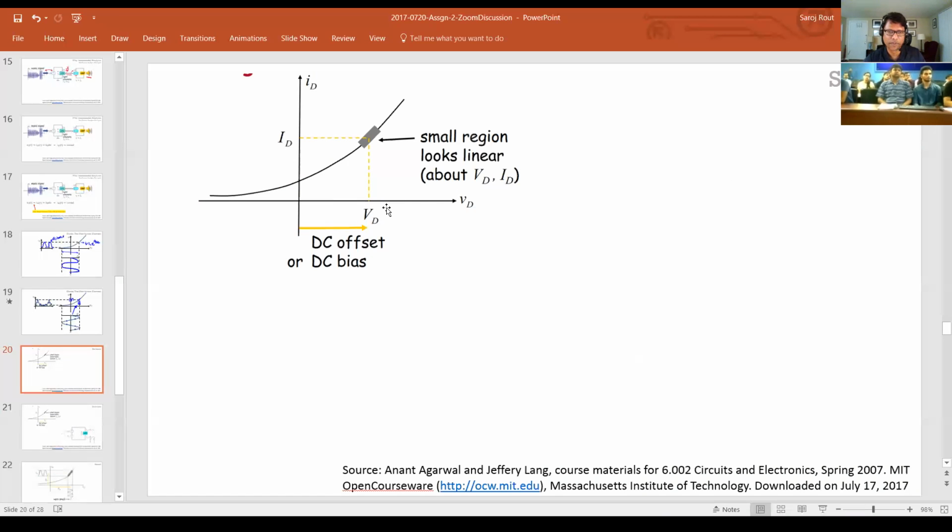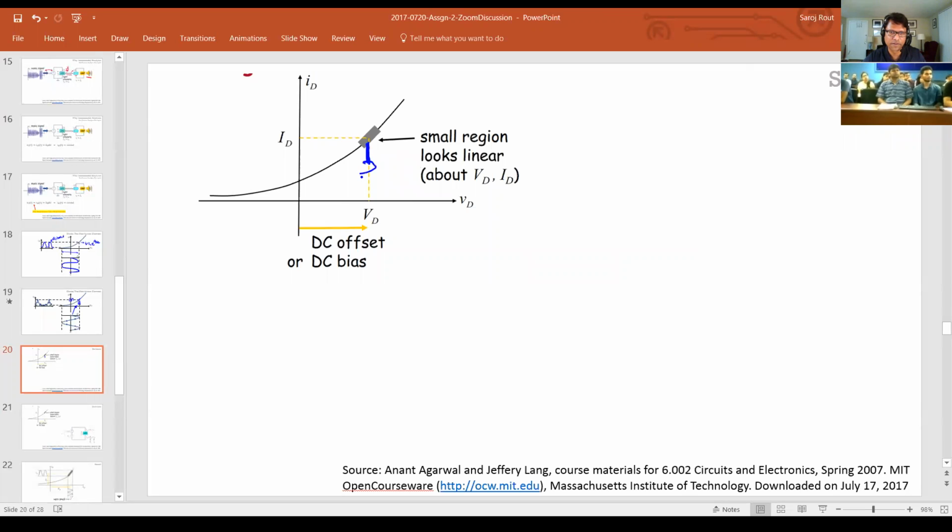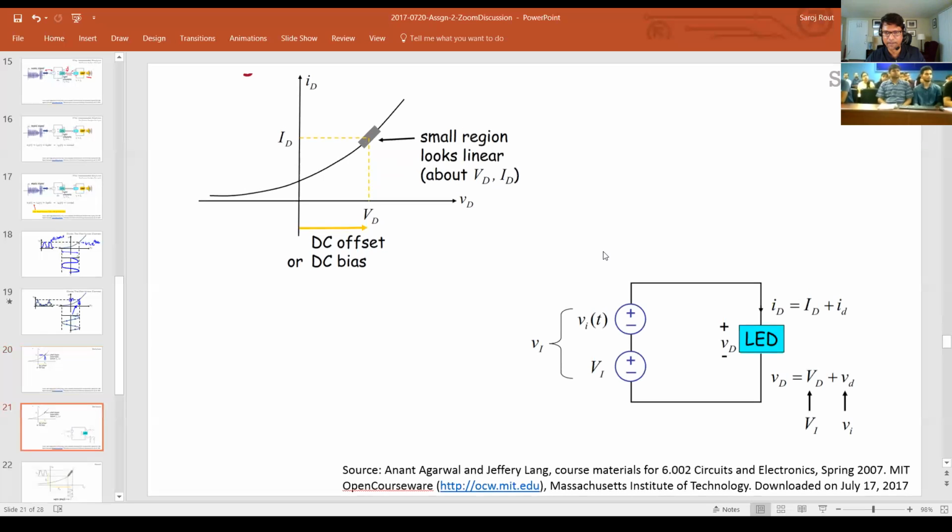Instead of putting the entire voltage across this, you put a DC offset at this region, and then you put your sinusoid signal here, and you should get a roughly linear signal over here. Because for a very small region here, it should look linear, and I'll show a little bit of math towards the end. So that's how you would bias it.